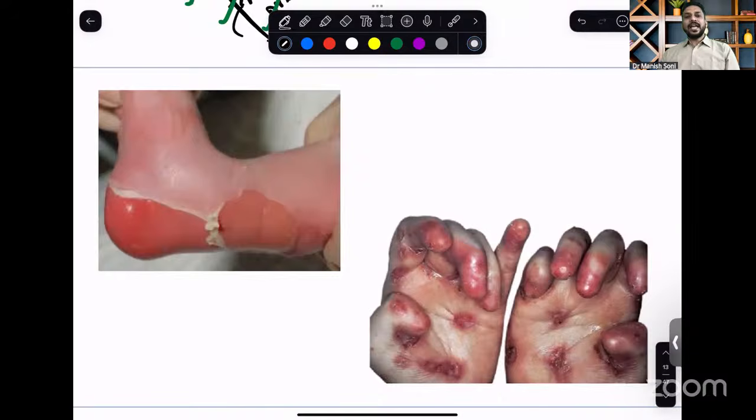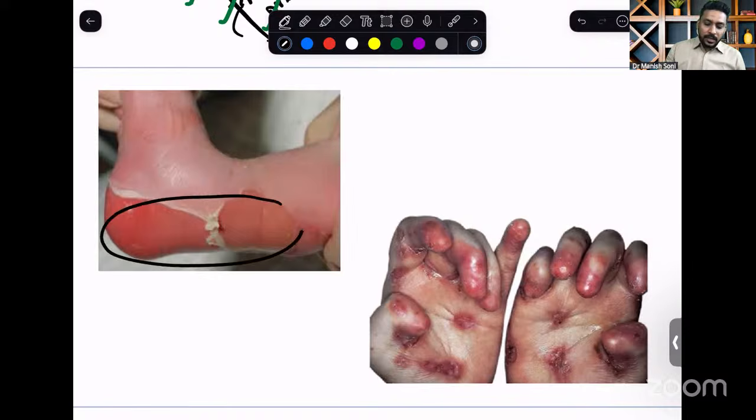As I told you, epidermolysis bullosa is a mechanobullous disorder, that is, the blisters or the peeling of the skin occur at the site of trauma, friction, and handling. That's why you can see that this young child or neonate is developing peeling of the skin over the frictional sites, where the heels come in contact with the surface.